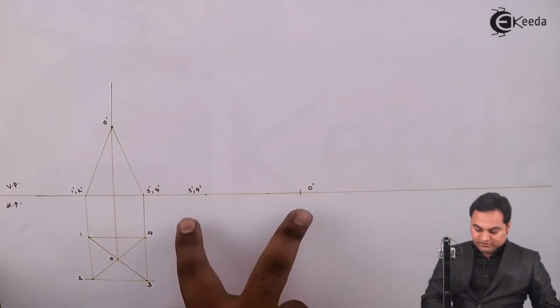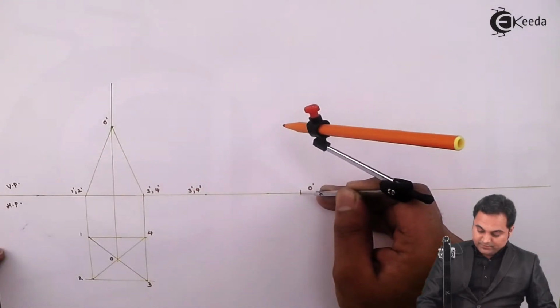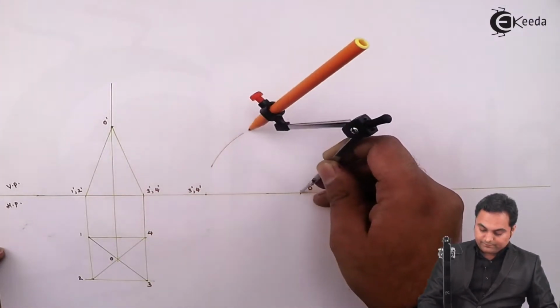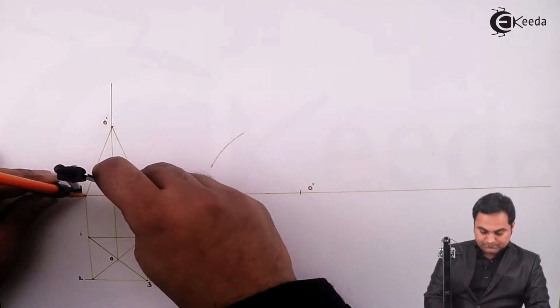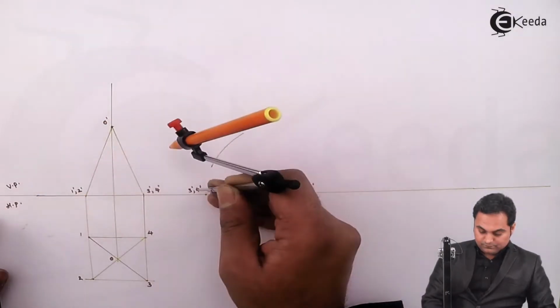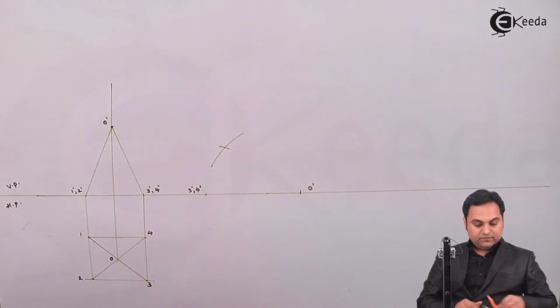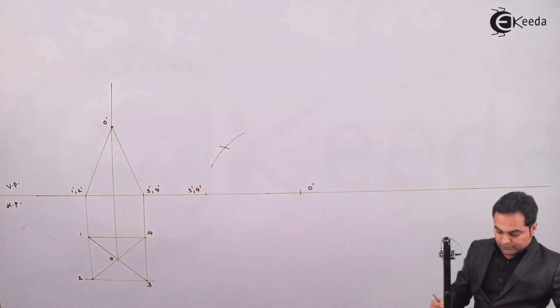So here I have tilted this pyramid about the triangular face. Keeping the same distance, I'll draw a light arc, then measuring the distance of the base, keeping it on 3 dash 4 dash and cutting this arc with the help of a light line. Now I'll join all the points.